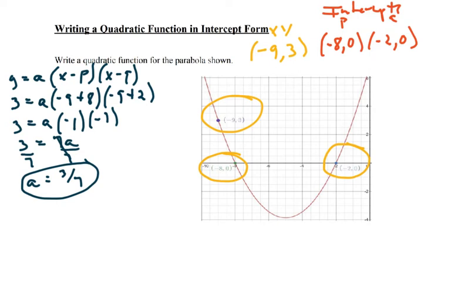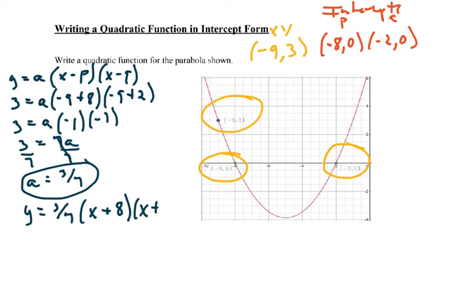Here we go. In intercept form, y is going to equal 3/7, we just found it, times the quantity x plus 2, because remember it's x minus p and x minus q, so we know it's going to be plus 2 and a plus 8. We can write them in any order. I'll go ahead, since I had 8 written down first, I'll do the plus 8 first, and then the x plus 2 next.